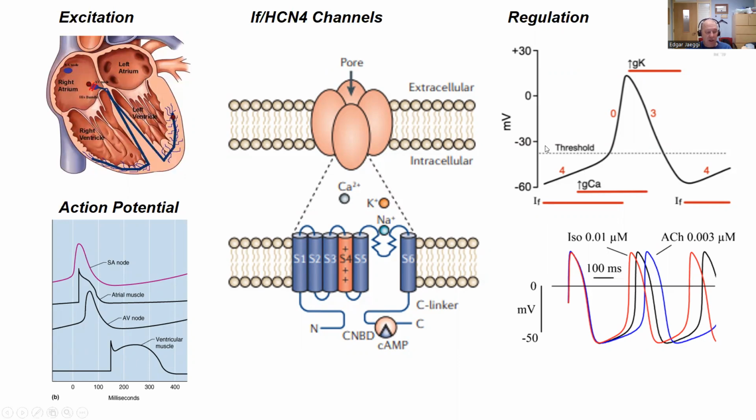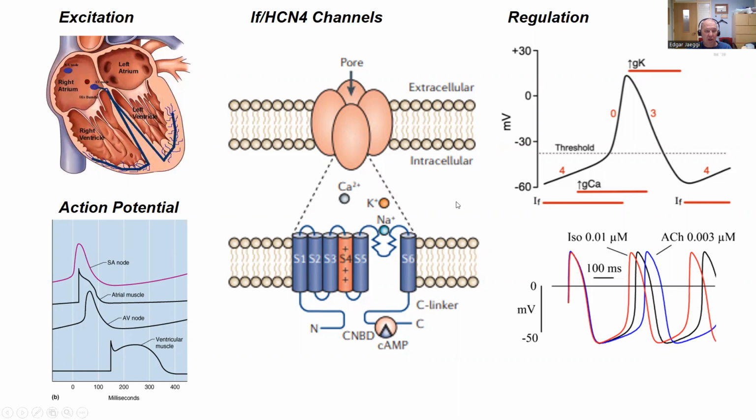Voltage-gated hyperpolarization-activated cyclic nucleotide-gated channels, called HCN4 channels, that are located in the plasma membrane of sinonodal cells play a special role in this process. The HCN4 channels are composed of 4 subunits that are assembled around the central pore, which is the ion conduction site.